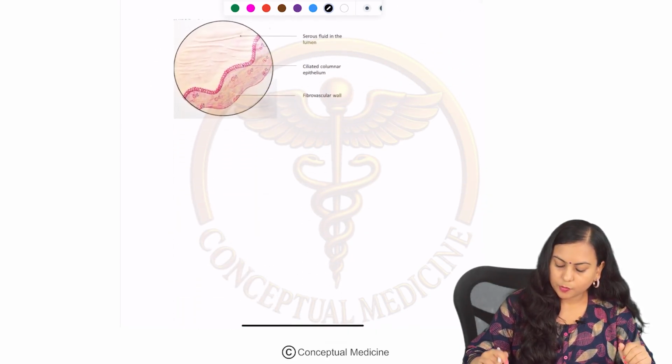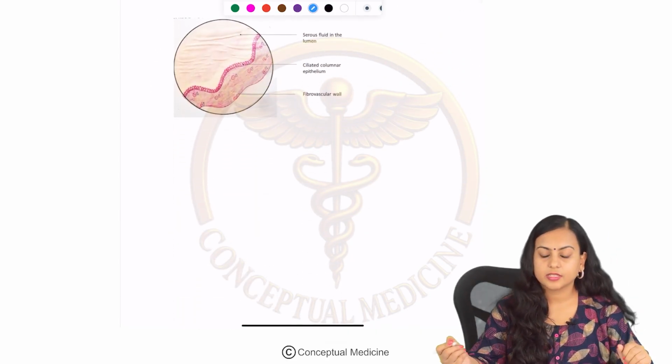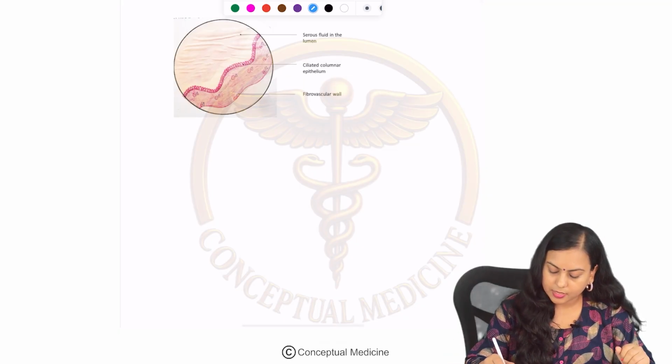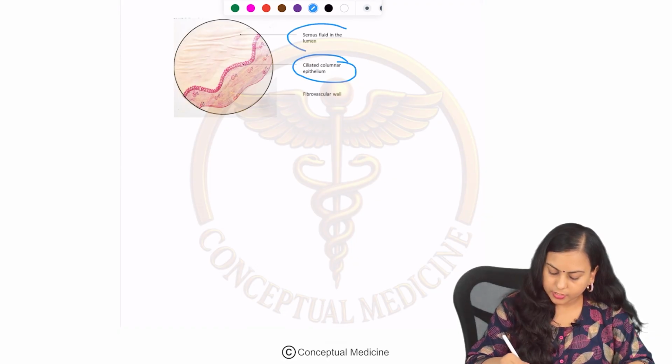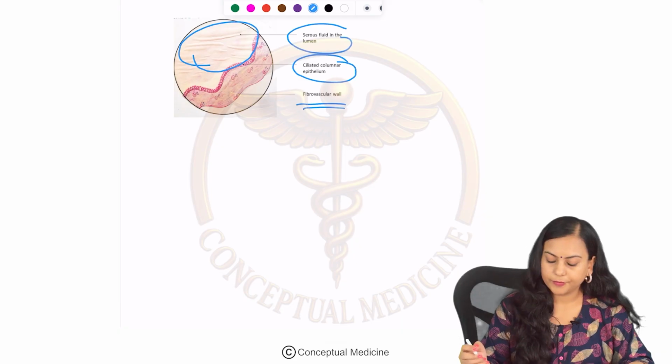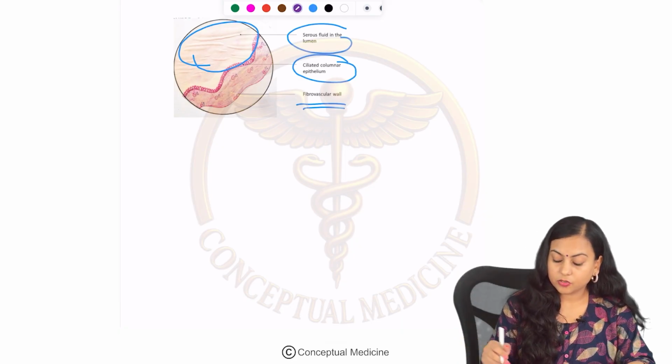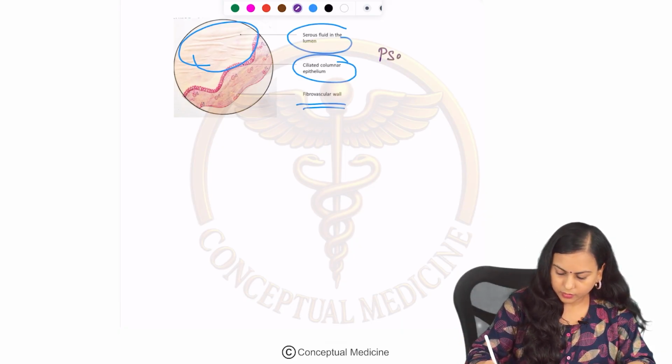And this is the microscopic picture of serous cystadenoma, where you are able to see a ciliated columnar epithelium, okay, and a serous fluid that is present in the lumen, and it is covered by a fibrovascular wall. And one more thing, it is not shown here, but remember, a serous cystadenoma has something called psammoma bodies.